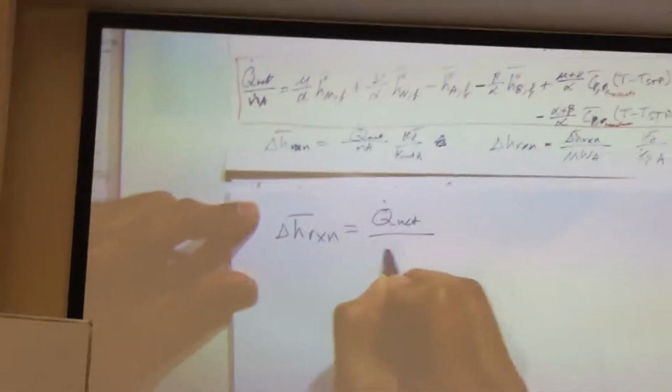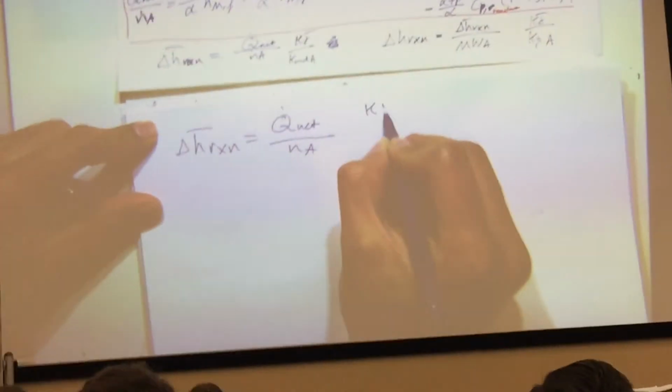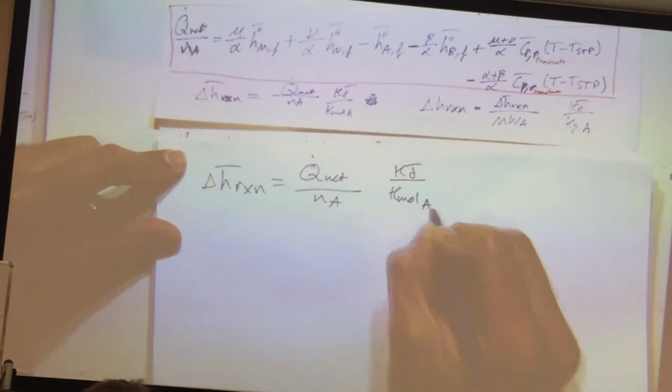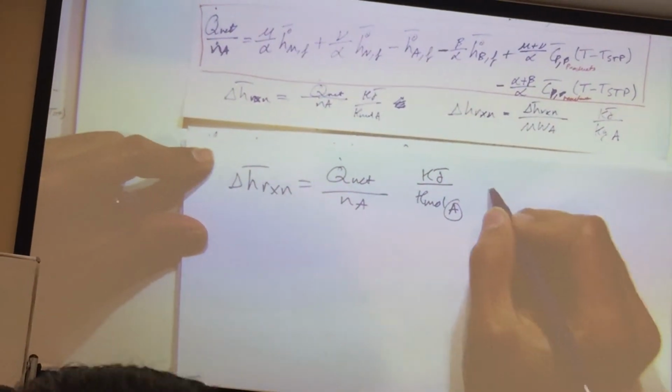Let me just rewrite it on a new page. Delta heat of reaction is equal to Q net over Na, kilojoules over kilomoles of A, whatever A is as a fuel here.